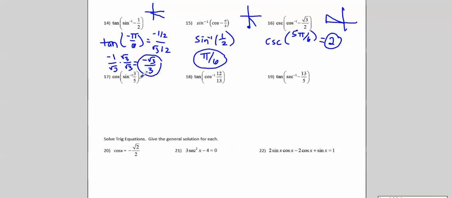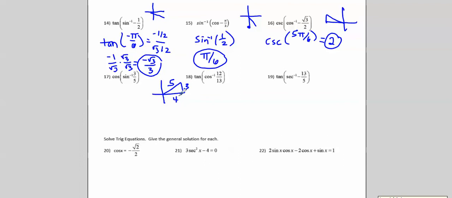When I get to problem 17, I realize that 3/5 is nowhere on the unit circle, so this is when you start drawing pictures. I need an angle where the sine is 3/5, and since 3/5 is positive, that's going to be in the first quadrant. So 3 is the opposite, and 5 is the hypotenuse, opposite over hypotenuse. You can do the Pythagorean theorem to find the third side, or you can realize that this is a 3, 4, 5 triangle and just fill the 4 in.